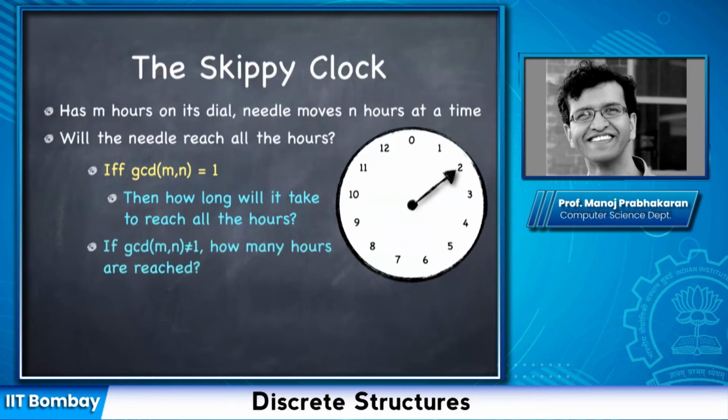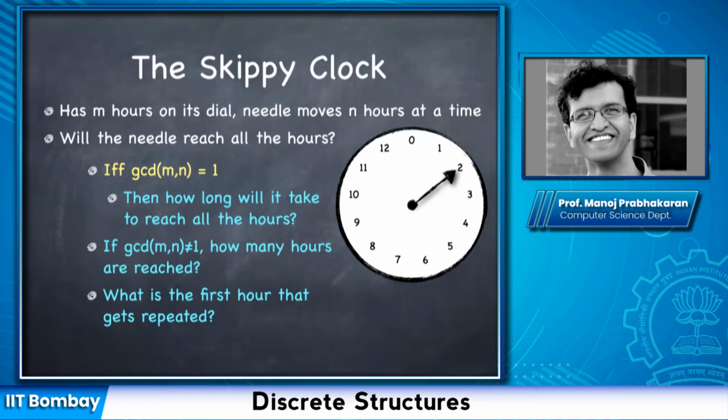And this is also only talking about when you can reach all the hours. What if m and n are not co-prime? Then it cannot reach everywhere, but in particular it cannot reach 1. But which numbers can it reach? And how many numbers can it reach in particular? And here's another question.